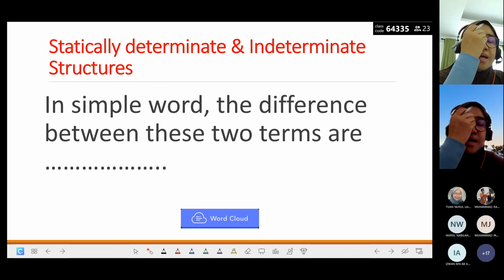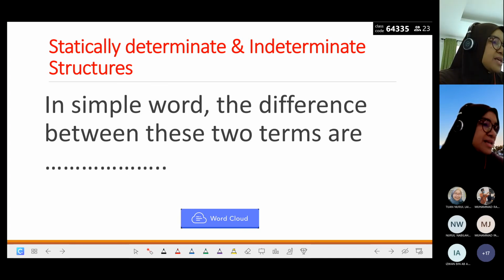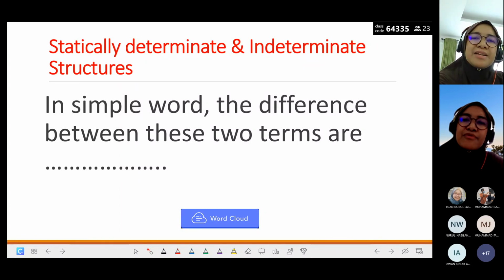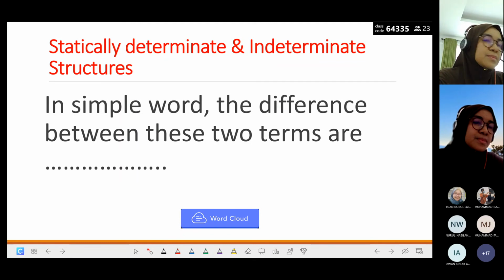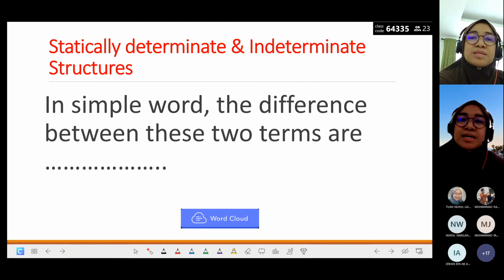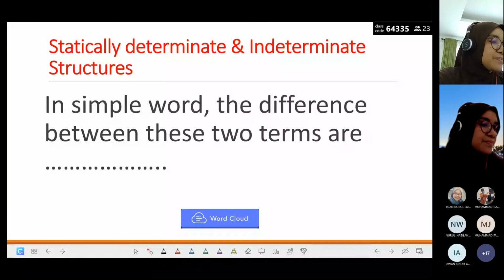Okay, next is an activity on statically determinate and indeterminate structures. The question is, in simple words, what is the difference between these two terms, determinate structure and indeterminate structure? What have you understood about the difference between these two terms?